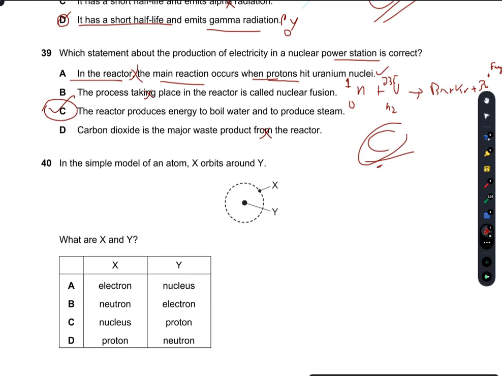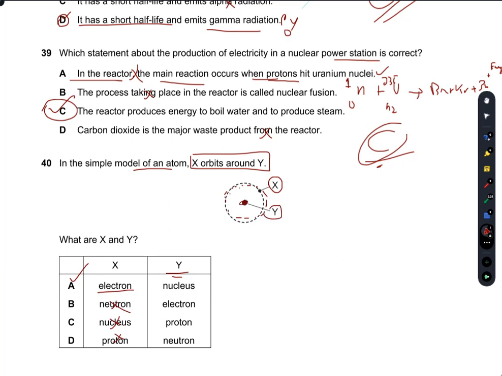In the simple model of an atom, X orbits around Y. What are X and Y? So X are moving in circular tracks around Y. They are moving in certain energy levels. So they are electrons. They are not neutrons, not the nucleus, not protons. So A is true. Whereas Y is the nucleus.